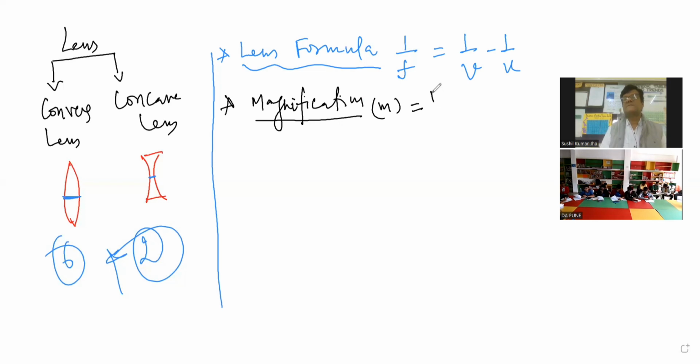But over here it is v by u. There minus sign is a must. Here minus sign is not there as per sign convention. Also we can equate this with height of image divided by height of object. So this becomes the formula for magnification, and then same way we can apply this formula in numericals.